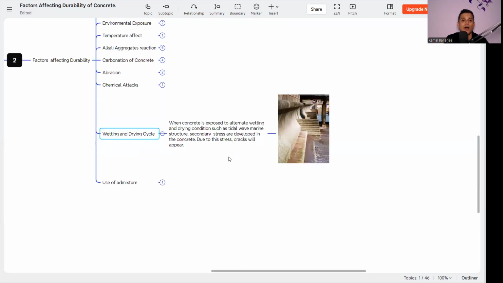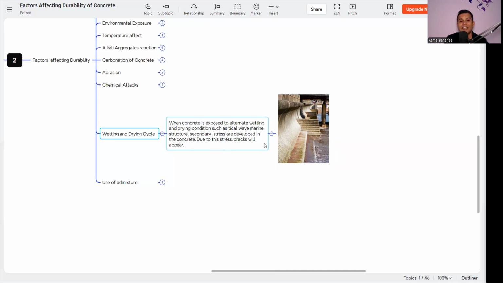Next is the wetting and drying cycle. This is very important for marine areas. When concrete is exposed to alternate wetting and drying conditions, such as tidal waves. See, a wave is coming and a wave is going, so once it is drying, again it is wetting. This also causes concrete durability problems. What is happening? Due to alternate drying and wetting, secondary stress develops in the concrete.